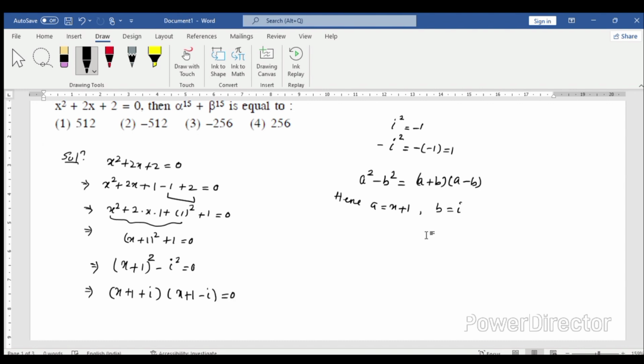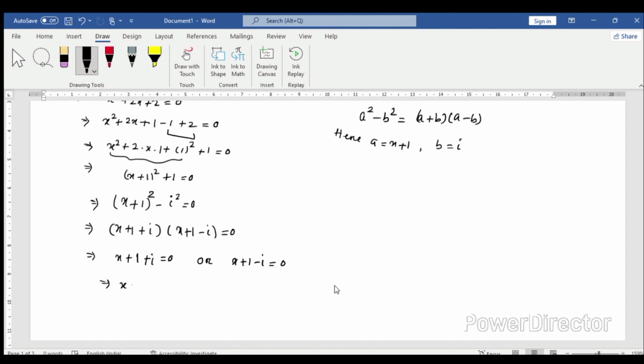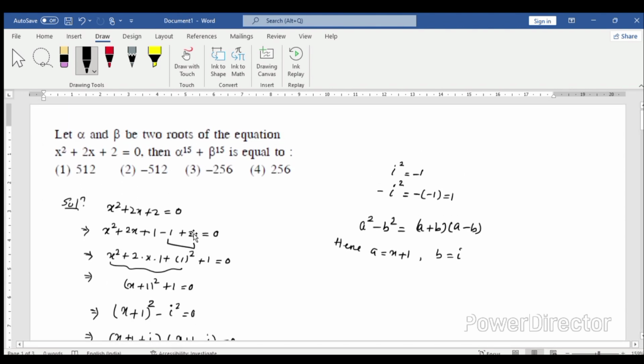Now you got the roots: x plus 1 plus iota is equal to 0, or x plus 1 minus iota is equal to 0. In this case x is equal to minus 1 minus iota, and in this case x is equal to iota minus 1. So we got two roots for this quadratic equation.